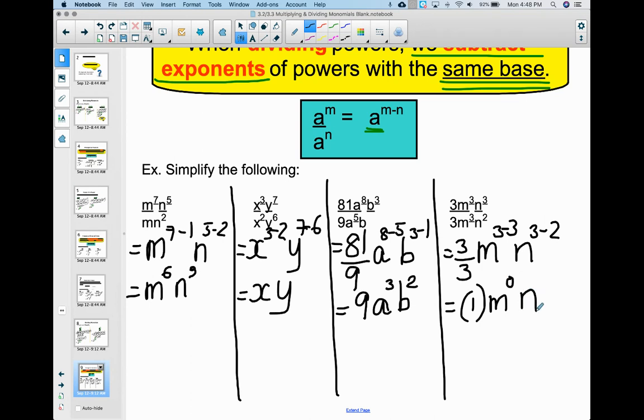And 3 minus 2 is 1. Okay. In this case, 1 times anything is itself, so m to the power of 0, n to the power of 1. Now, what does m to the power of 0 mean? We'll look at it in the next slide.